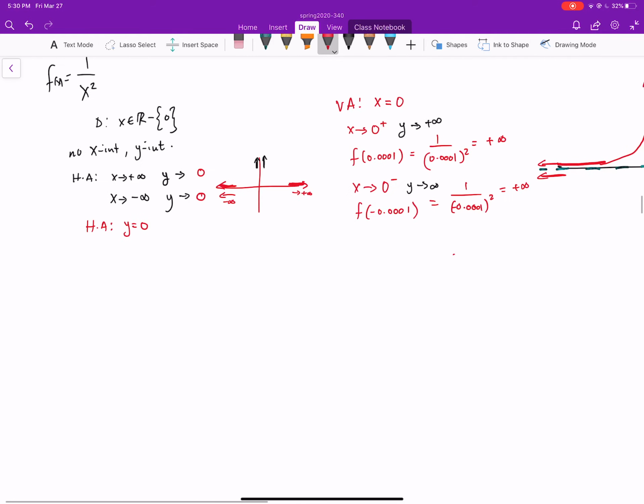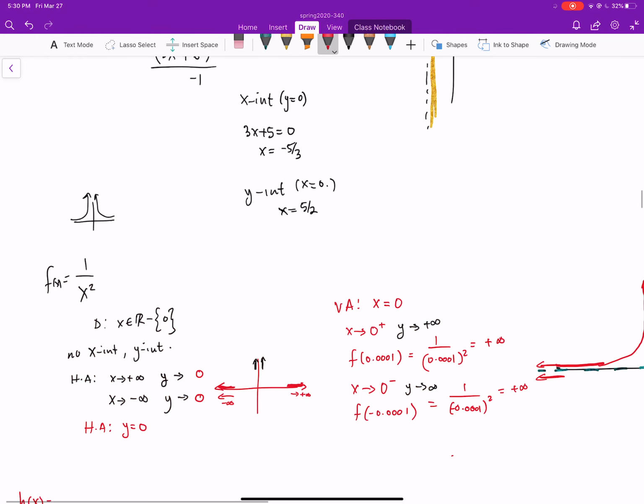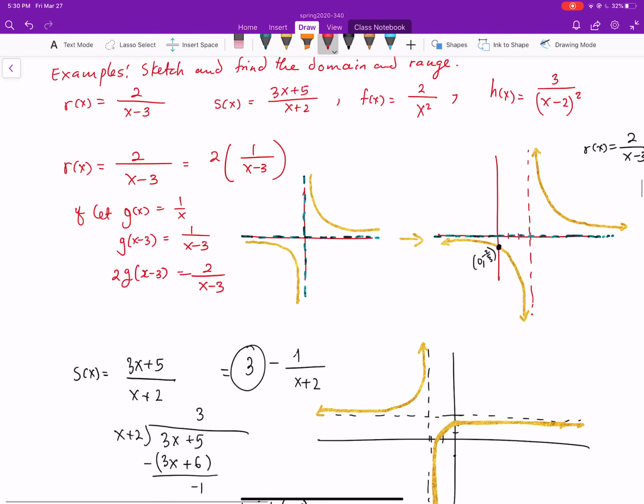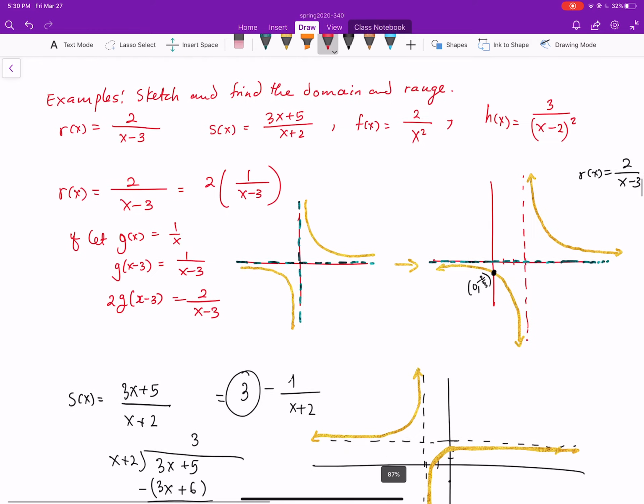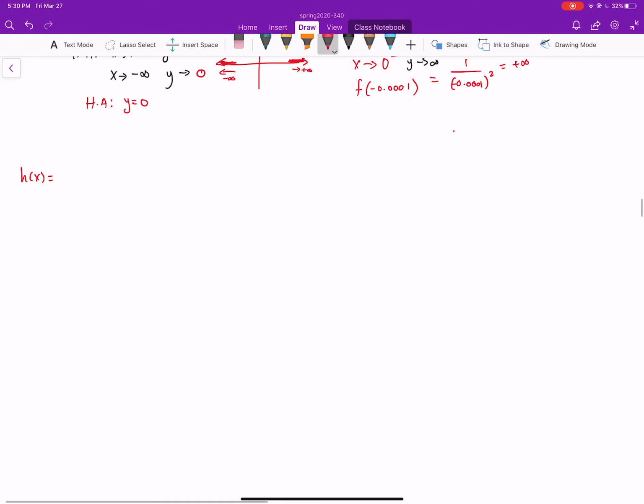But just applying my prior knowledge, I was able to come up with the sketch for this real quick. Lastly, let's look at, I think it was h of x is equal to 3 over x minus 2 squared. By inspection, if I pulled out the 3, this looks like a 1 over x minus 2 squared.